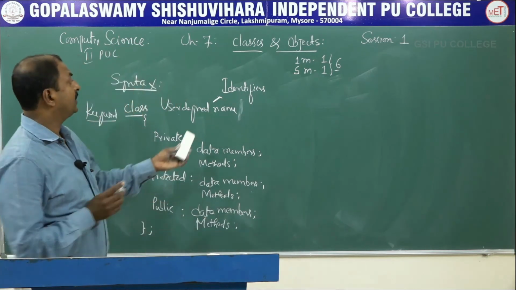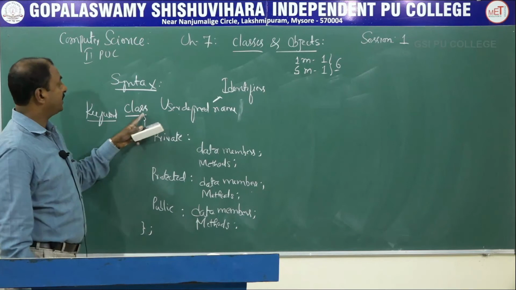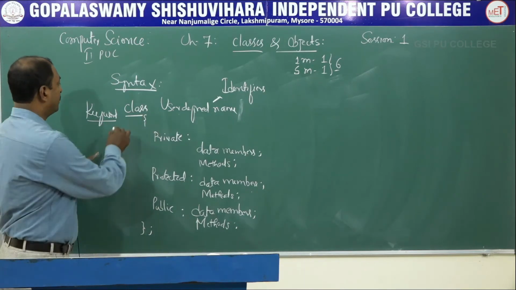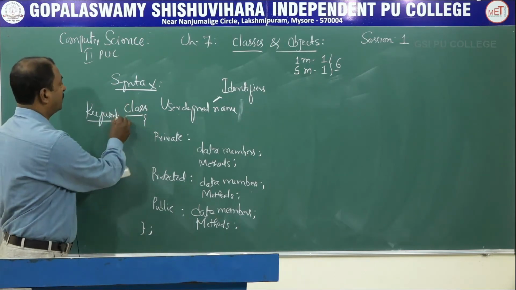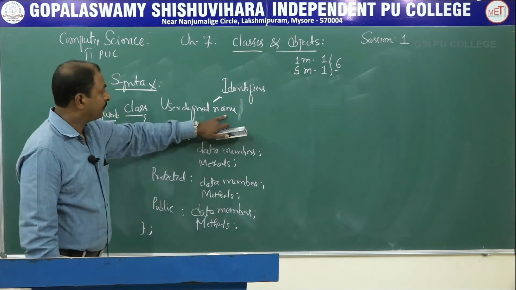Keeping those things in mind, we have to write the name of the class. So class is a reserved word or a keyword, with an identifier name, and we can name the class.